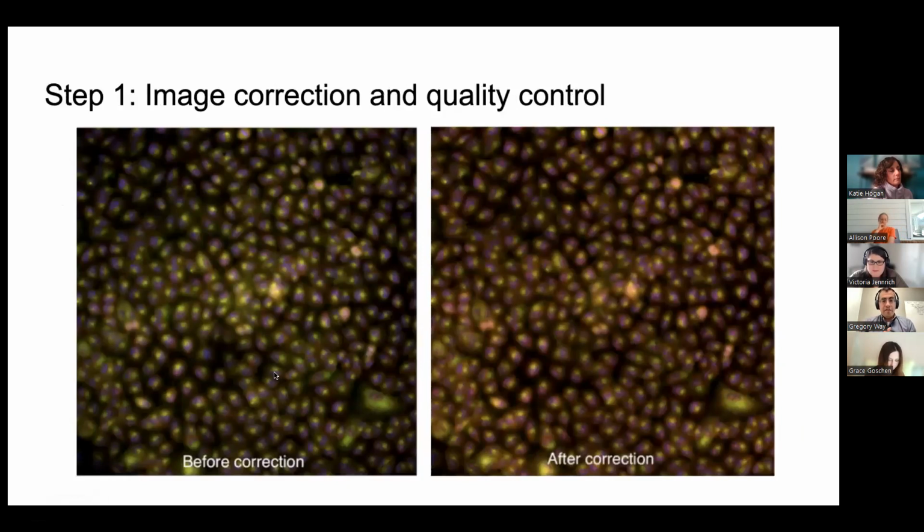Okay, so the first step is quality control and image correction. I have a pre-image on the left and a corrected image on the right. I'm going to ask for audience participation here. Does anyone see the difference between the image on the left and the image on the right? Can anyone tell me what the difference is?